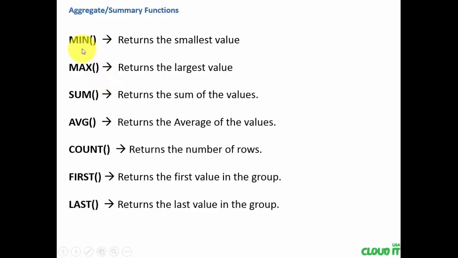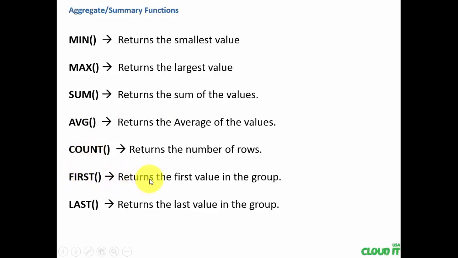Minimum, which is min, it can return the smallest value among the group. Max, it can return the largest value in the group. Sum, it returns the sum of the values in the group. Average, returns the average of the values in the group. Count, counts the number of rows in that result set.